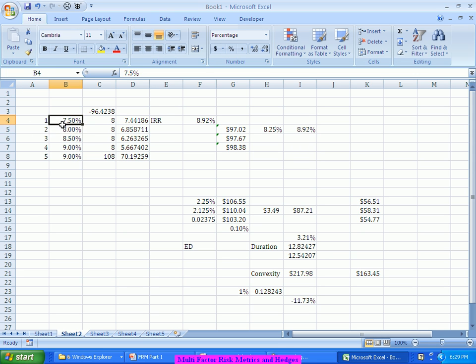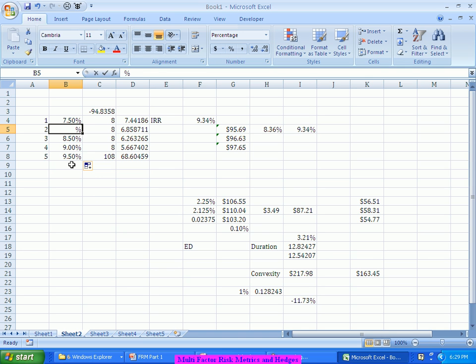Let's say these are the percentages associated here. Now what I'm saying is, keeping all these interest rates constant, only the 2-year interest rate is changing from 8%. Okay, let me take this number here, 94.83.